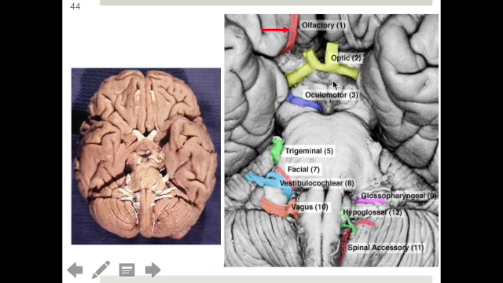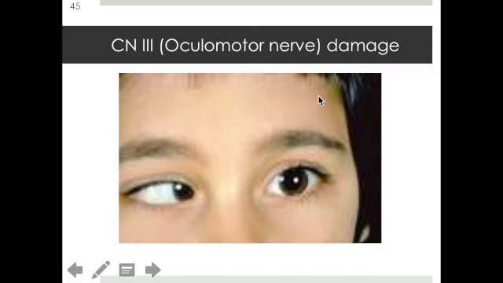The first one, for instance, is the olfactory nerve, right? If you have damage to your olfactory nerve, you can't smell. If you have damage to your oculomotor nerve, oculomotor meaning eye movement, you'll show some abnormal patterns of eye movement. This, for example, is a very clear example of oculomotor nerve damage.